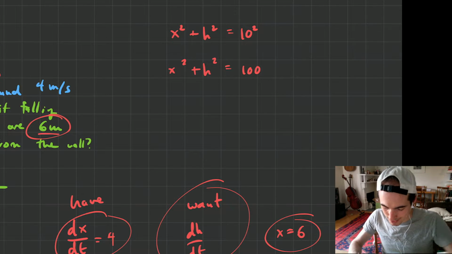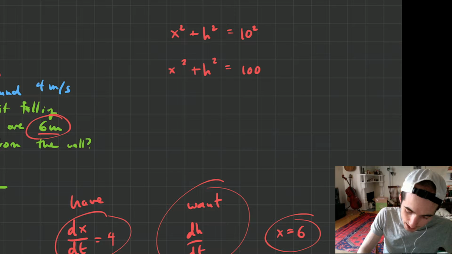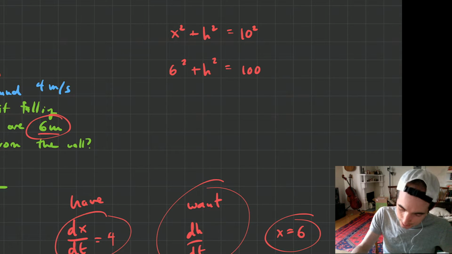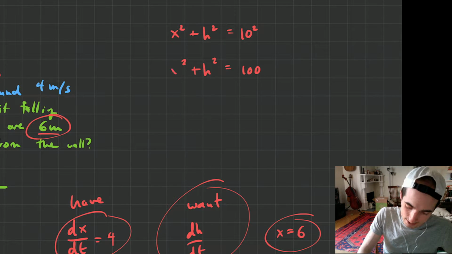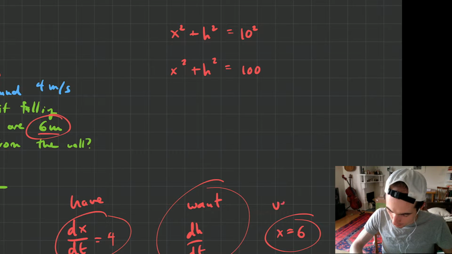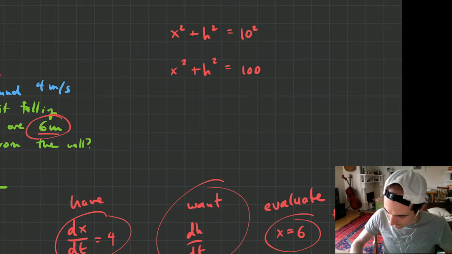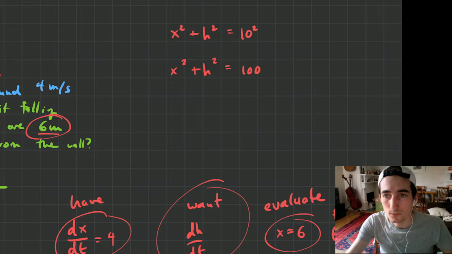Just because x is equal to 6 doesn't mean your first step is to replace all the x's with 6. That's your last step. So we're going to evaluate our new function at x equals 6.